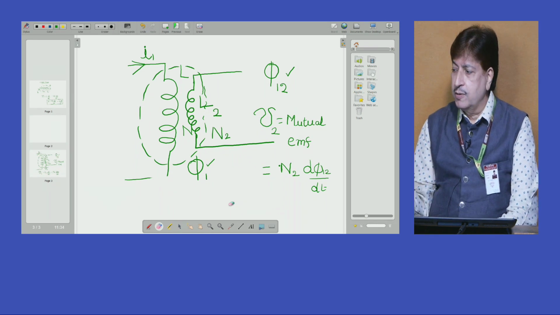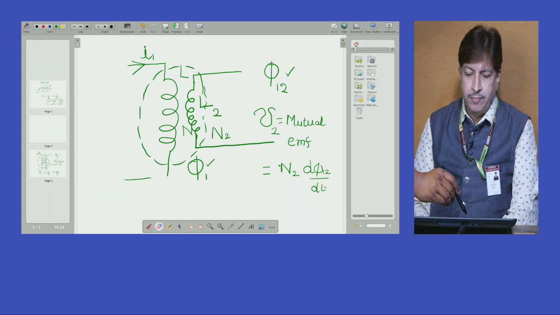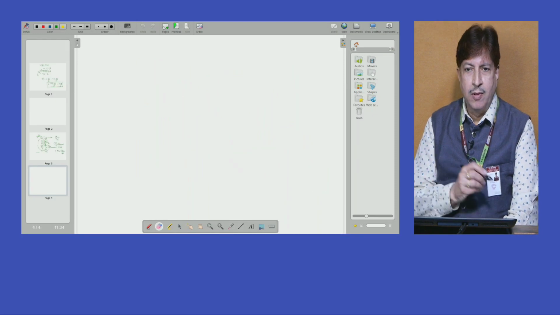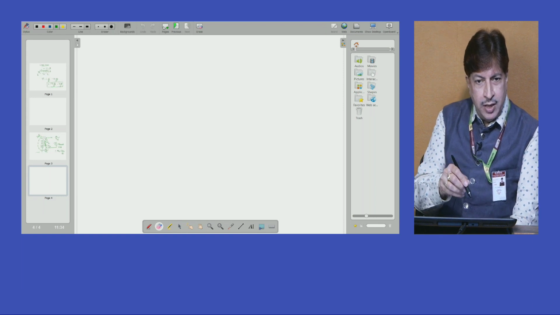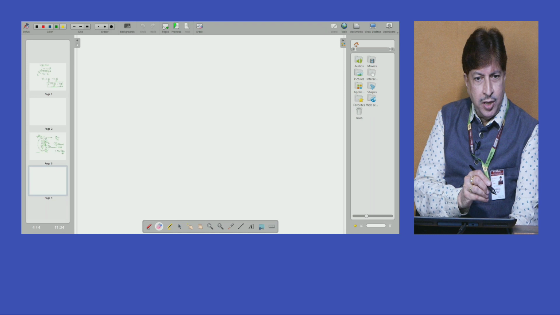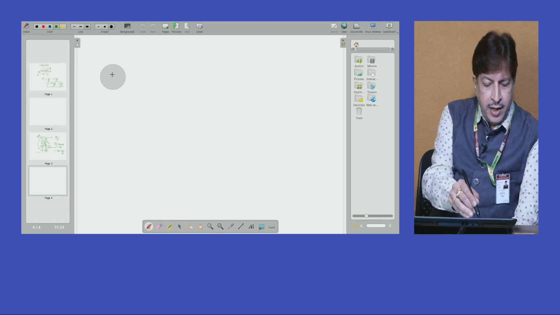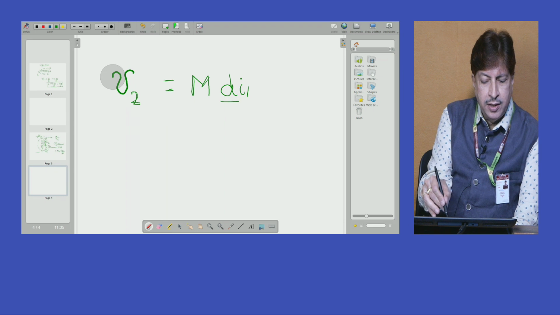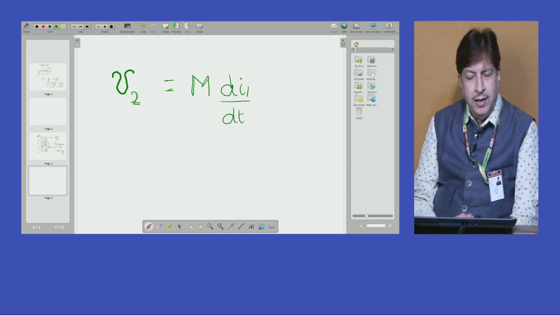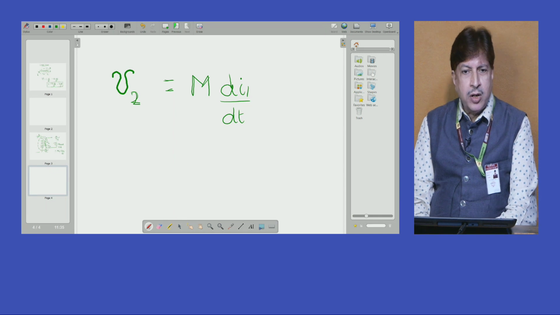Along with this way of expressing the mutual EMF, there is another way of representing the mutual EMF as M di1 by dt. Here, two important aspects you need to understand.